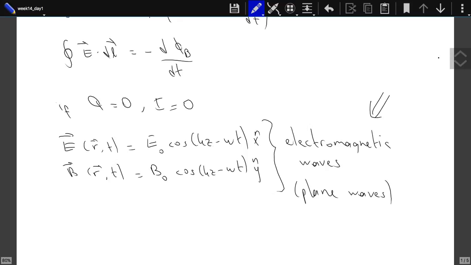It's just a name. The magnetic field lines are straight lines, and in the plane perpendicular to their propagation, they are uniform. If you have many lines, it's just a plane. They all have the same amplitude on that plane.